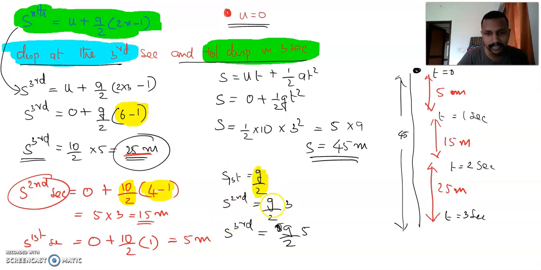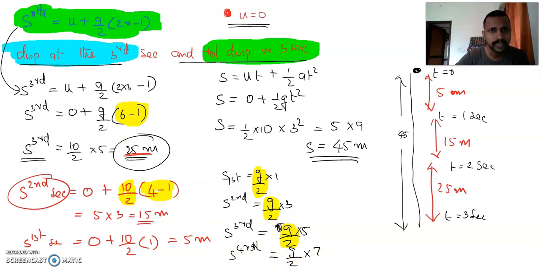At the second second it was g by 2 into 3. At the third second it was g by 2 into 5. Then can you say what should be the displacement at the fourth second? It should be g by 2 into 1, g by 2 into 3, g by 2 into 5, then it should be g by 2 into 7. You could calculate it and it should be obtained like this also.